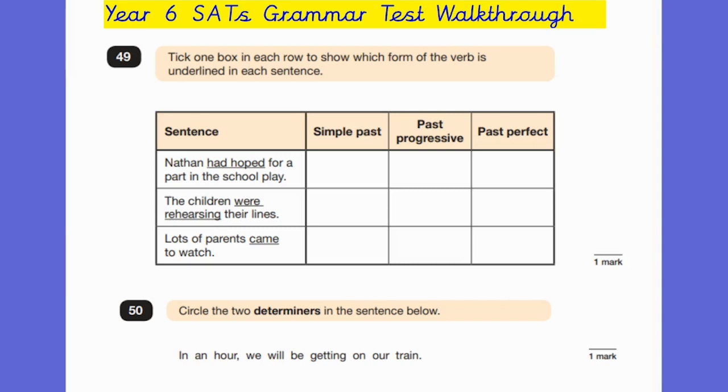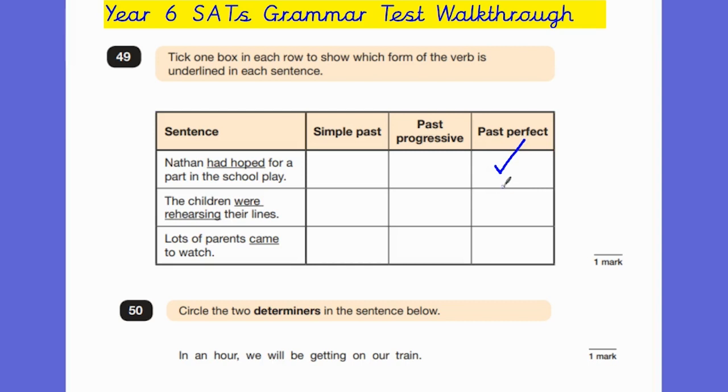Number 49, tick one box in each row to show which form of the verb is underlined in each sentence. Nathan had hoped for a part in the school play. Now, where I have that verb form had hoped, I know straight away that that is in the past perfect tense.